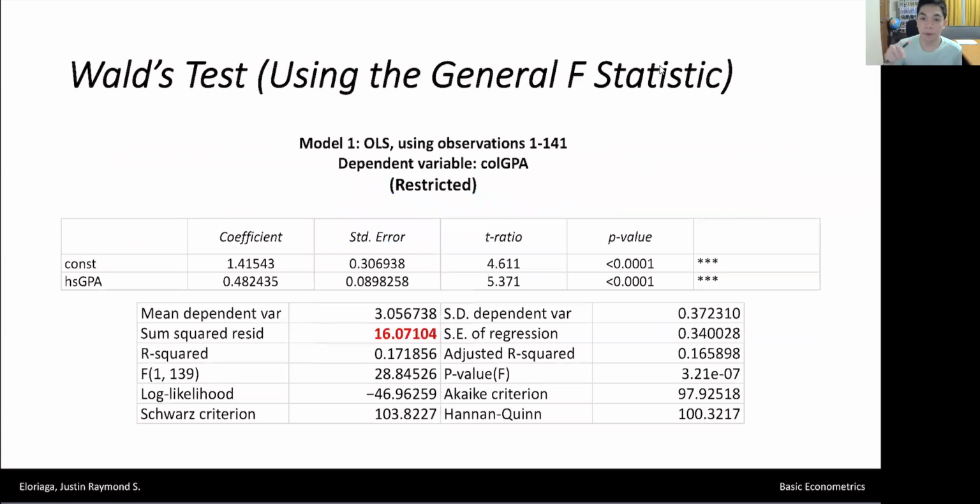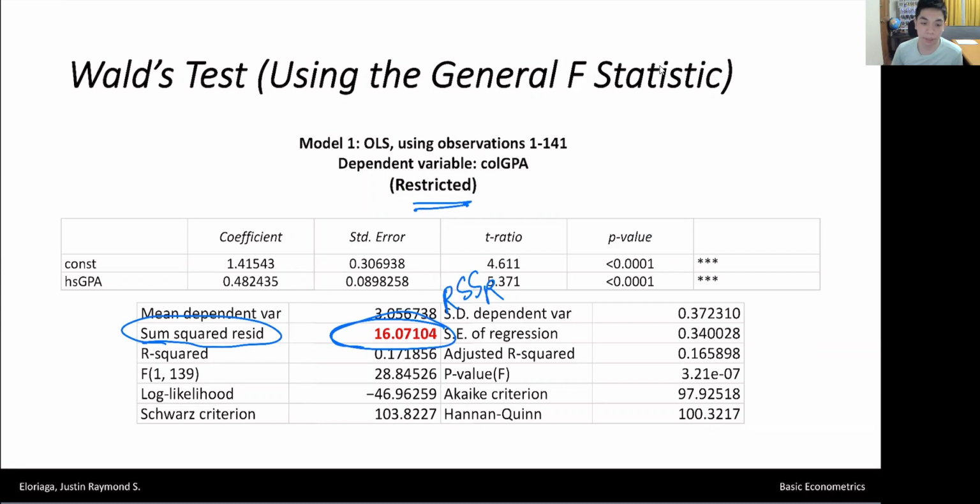Okay, so for example, this is the result that we get from the restricted model. You see here the sum of squares of the residual. We use that value, 16.07, and this is your RSSR, the residual sum of squares of your restricted model. Note that this is the result of the restricted regression.